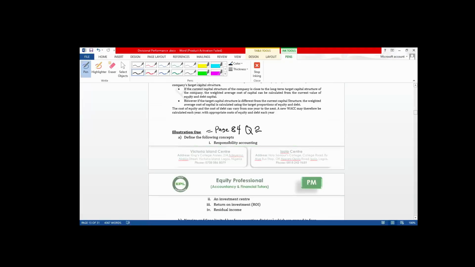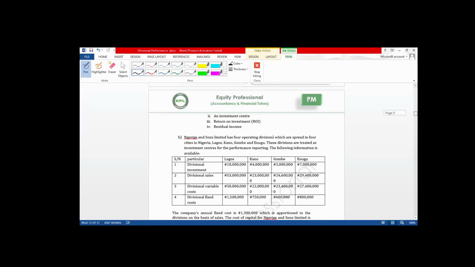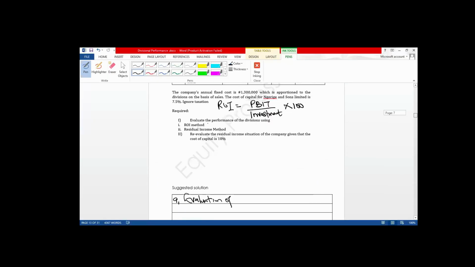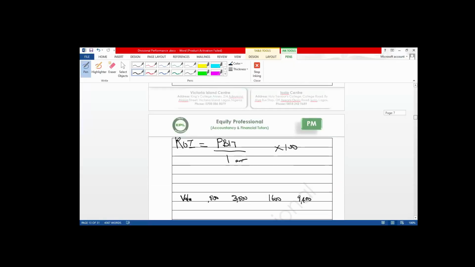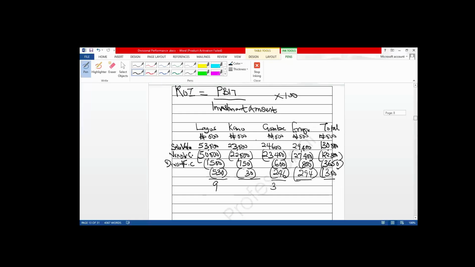Yeah, question 2, page 84. We solved that question last week. Tonight, let us start with question number 4. Please refer to page 85, 85/86.